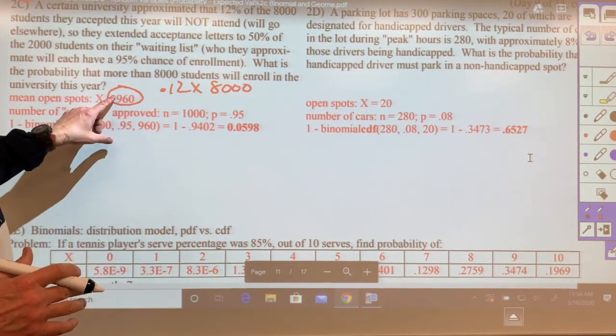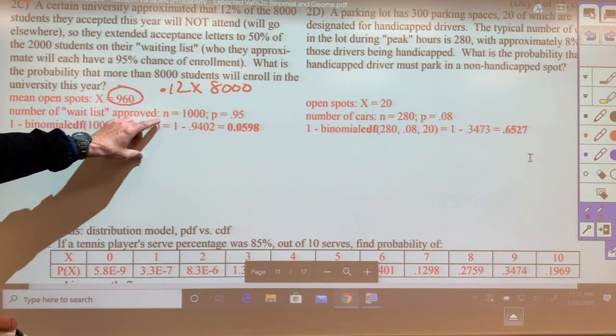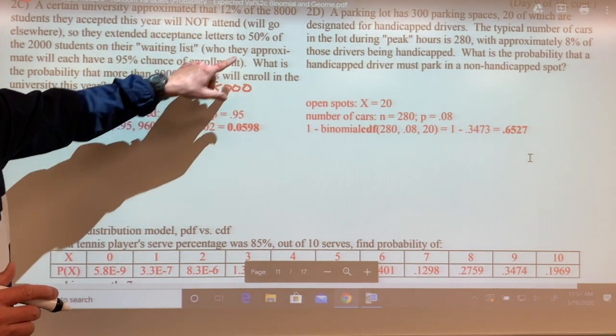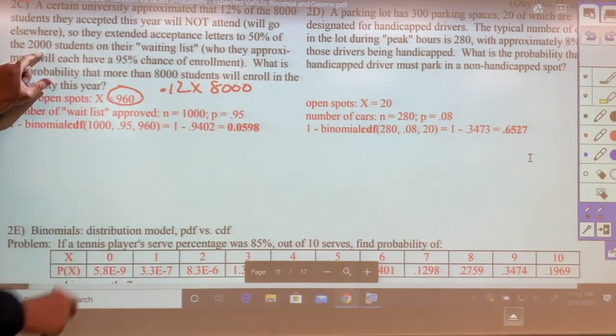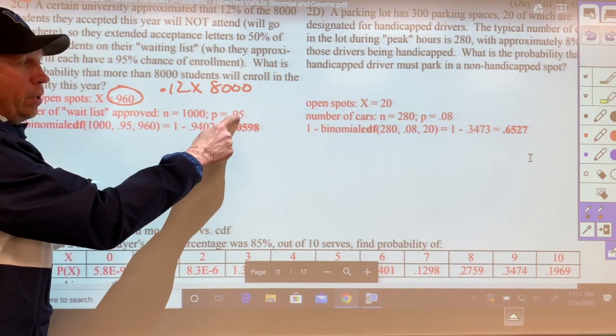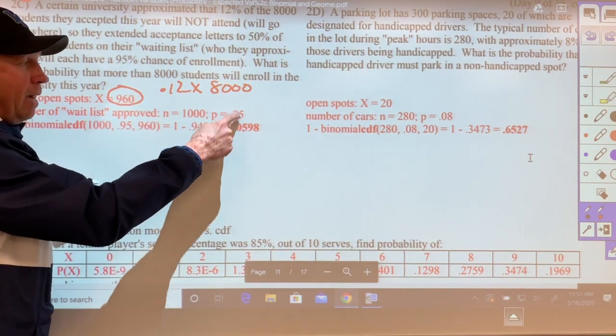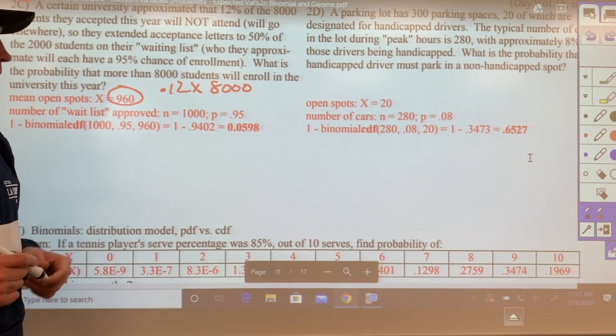Now, of these 960 spots, we are going to invite 1,000 more people, which is 50% of the 2,000. That's going to be 1,000 more people. And their probability of success or going to the university is 0.95, okay? And we want to know what are the chances we go 960 or more.